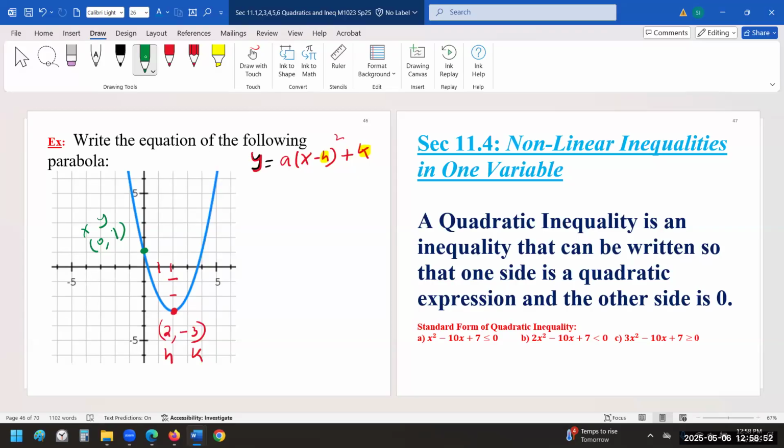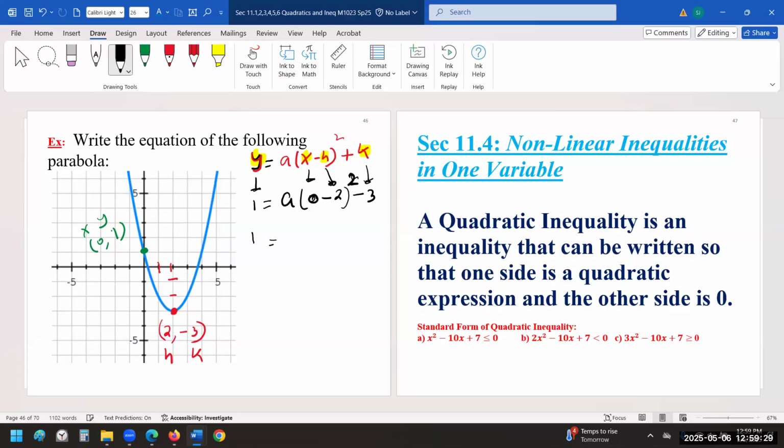We replace this x and y with the y-intercept. So y is 1, a we are looking for, our x is 0, our h is 2, and our k is -3. So you're replacing x, y, h, k. The only thing we don't know is a, so we solve for a.